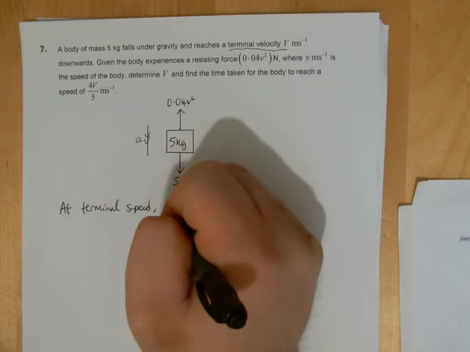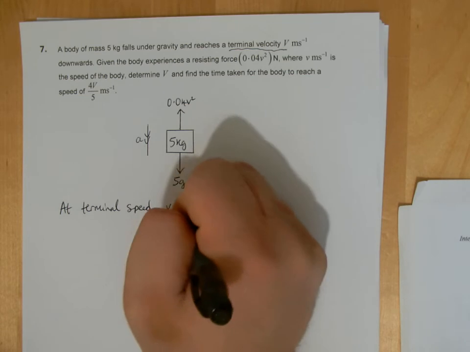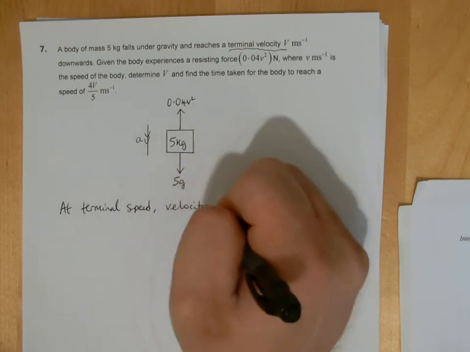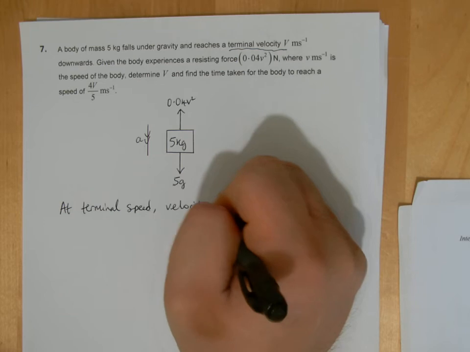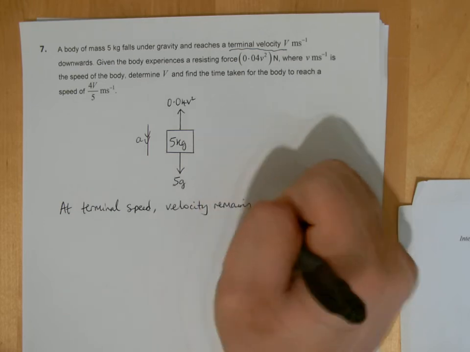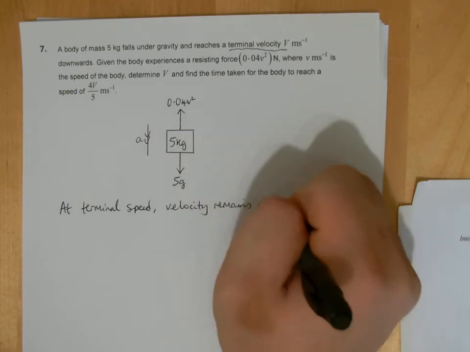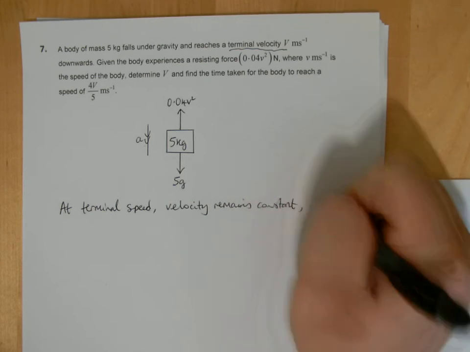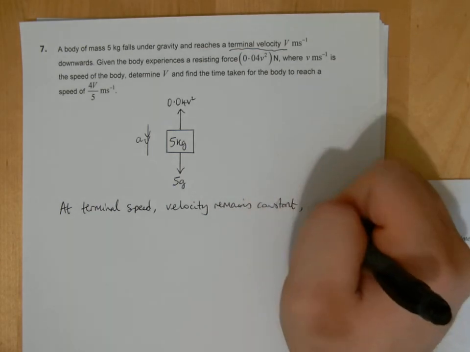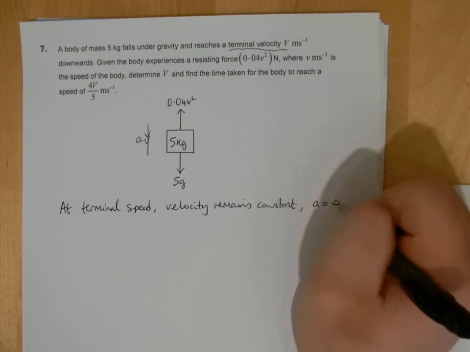So terminal speed, the velocity remains constant. In other words, v is the same, so the acceleration will be 0.